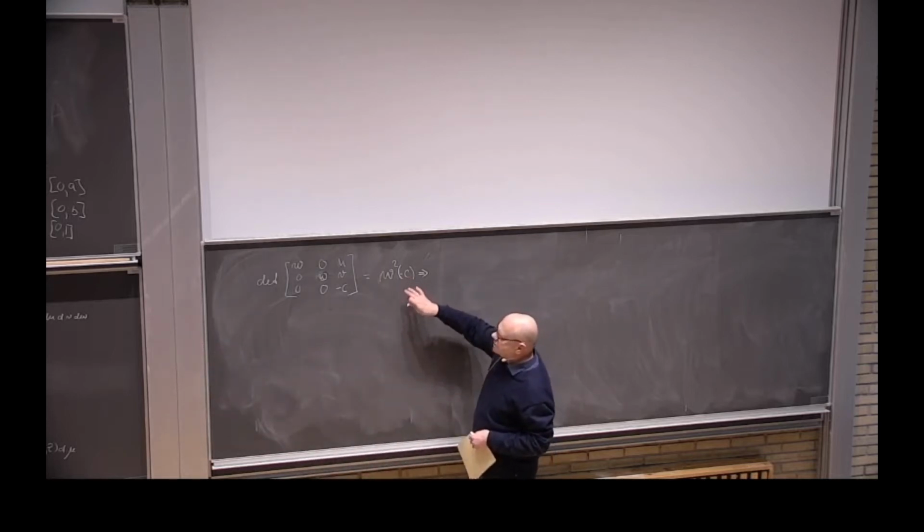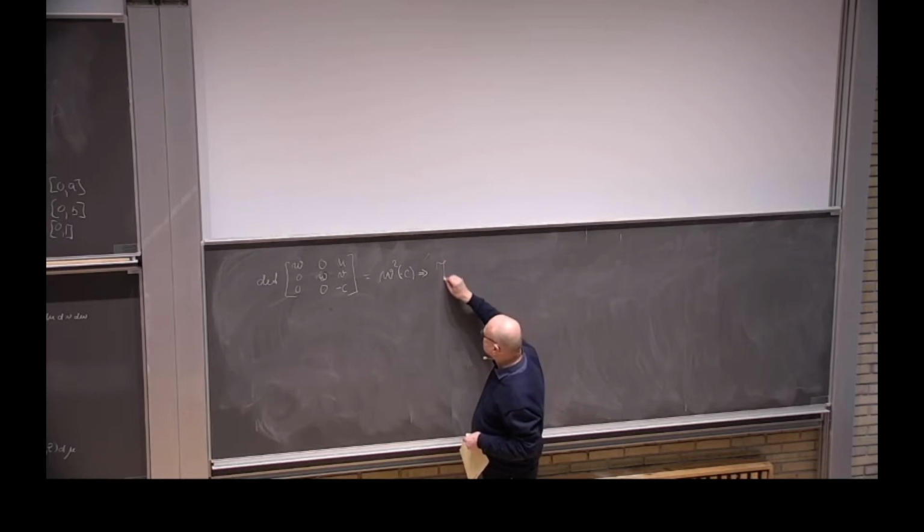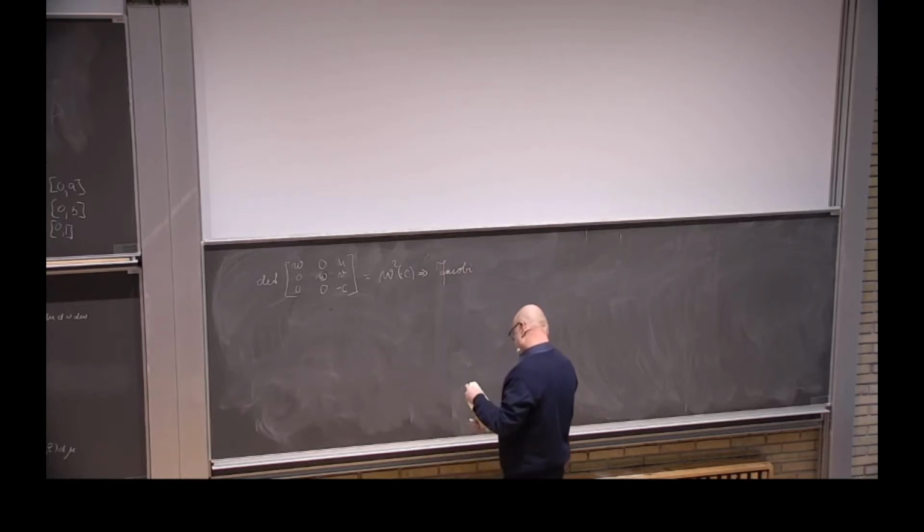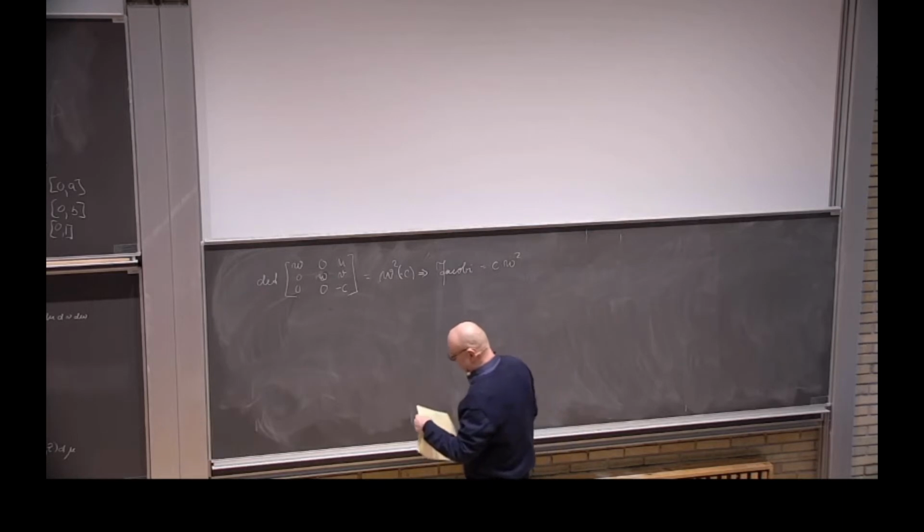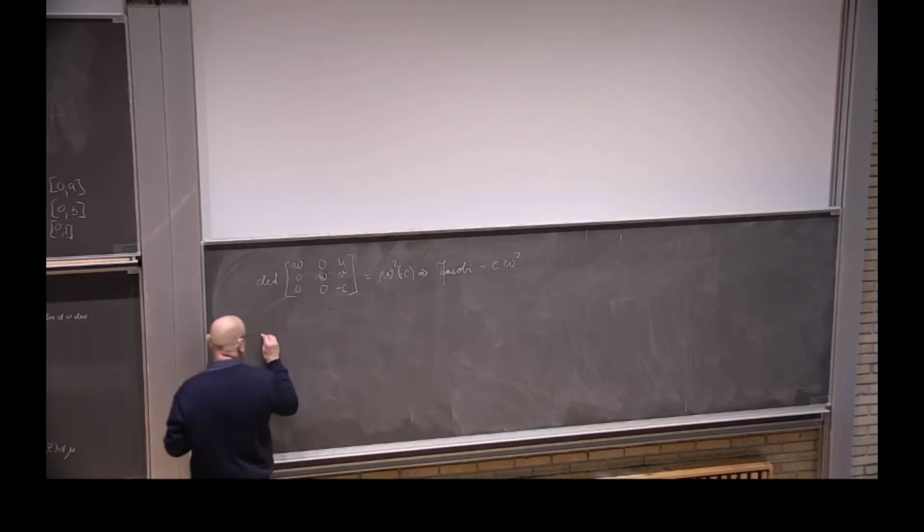Since C is positive, it's the side of a box. It means that the Jacobi is equal to C squared.